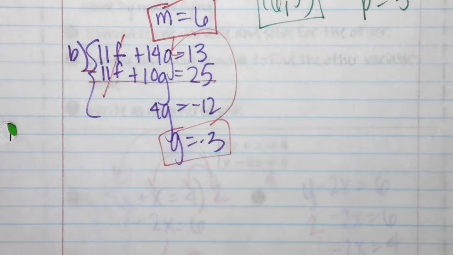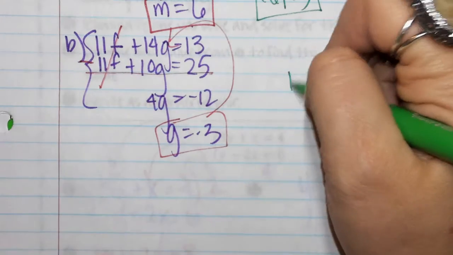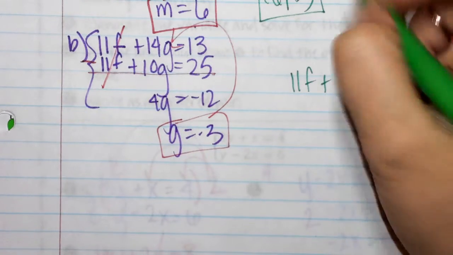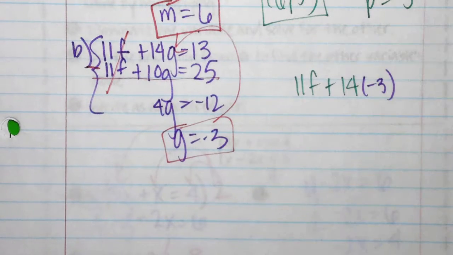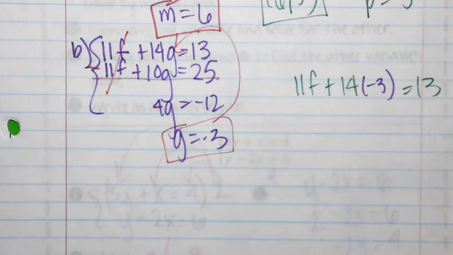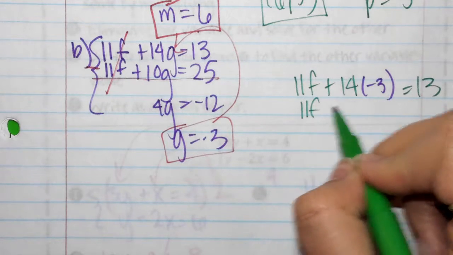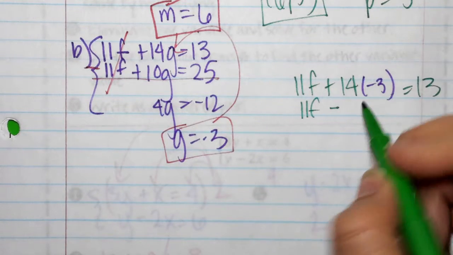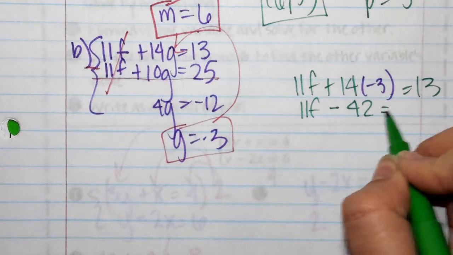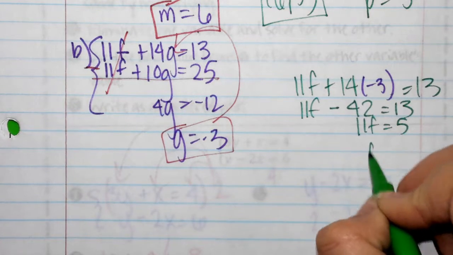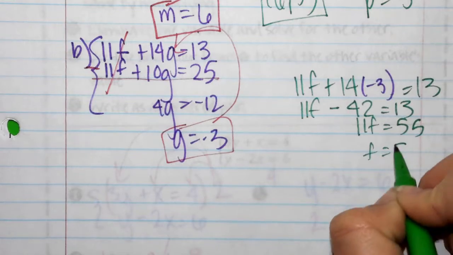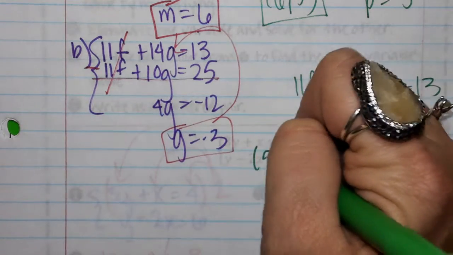That gives you 11F plus 14 times negative 3 equals 13. What's 14 times negative 3? Negative 42. And then add 55, and you get 5. So your answer is 5, negative 3.